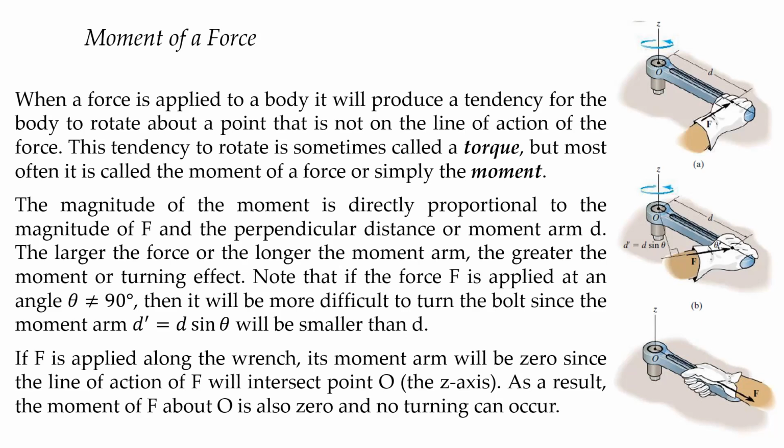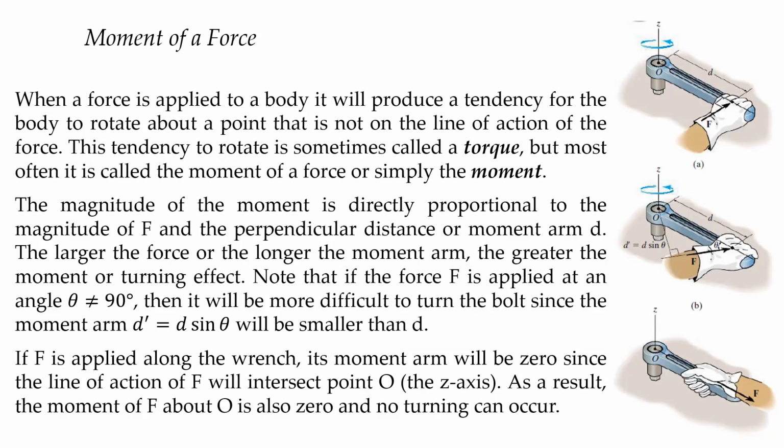We can observe in our wrench here in the figure, if the perpendicular distance is shorter, we need to exert more force. However, if the perpendicular distance is larger, we will be exerting lesser force.